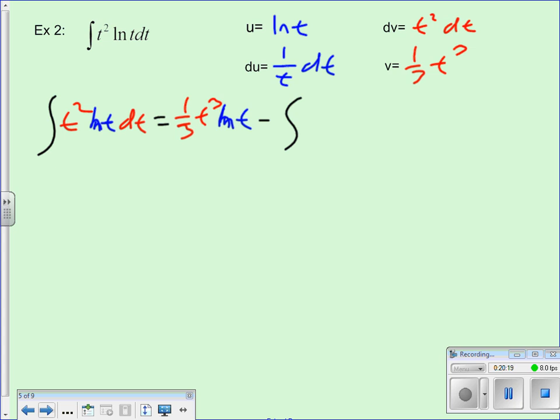I'm going to write it out as it is: 1/3 t cubed times 1/t dt. Look at what happens. I want to simplify before I get carried away.